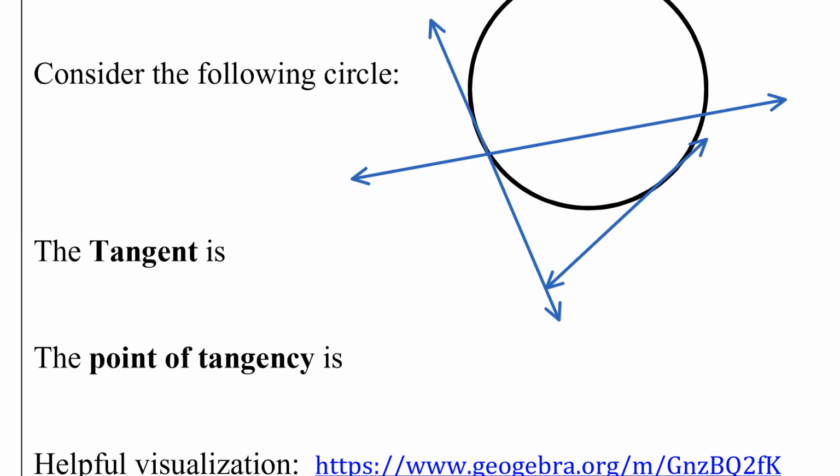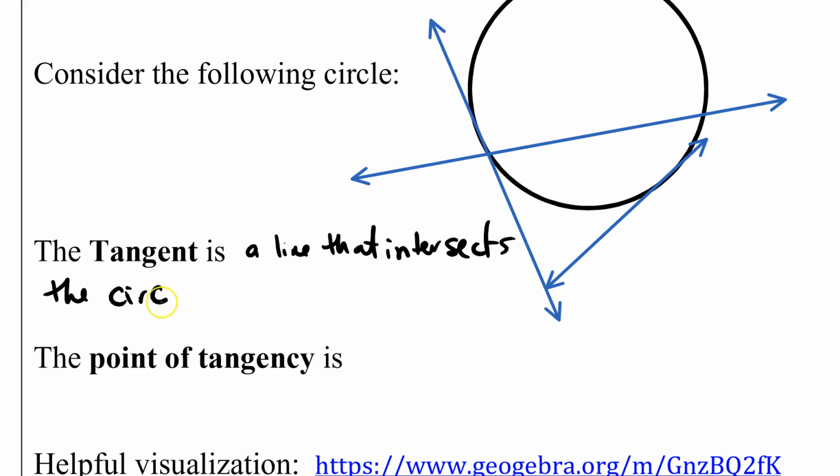A tangent is a line that intersects or touches the circle at one point only.